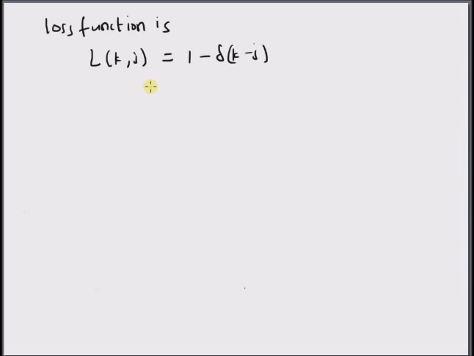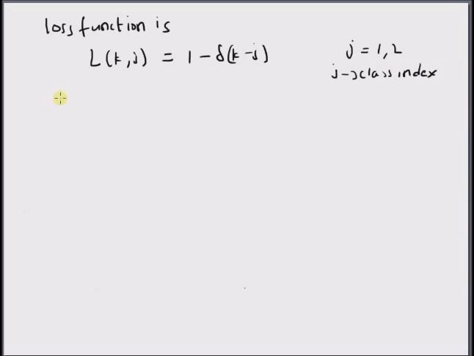The loss function is defined as L(k,j) = 1 - δ(k - j), where j is the class index, and let us consider a binary classification. So j is equal to 1 or 2. So j is our class index.